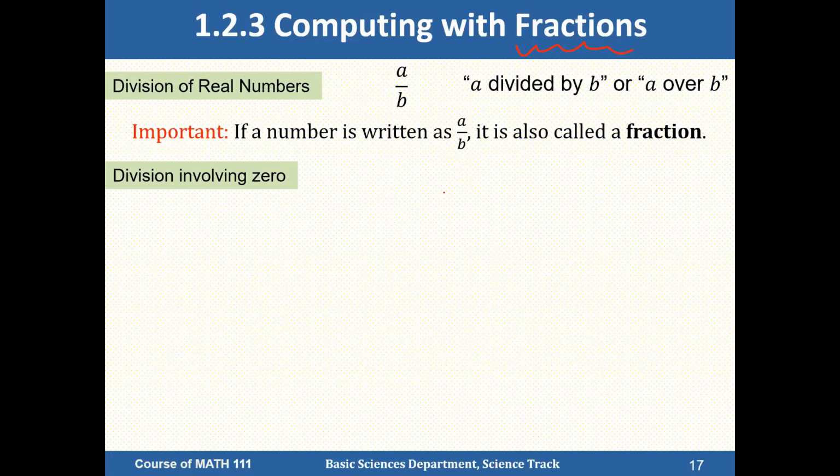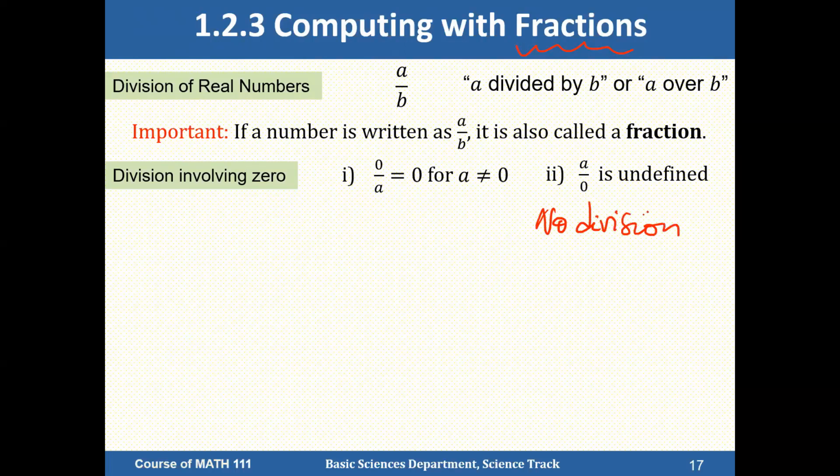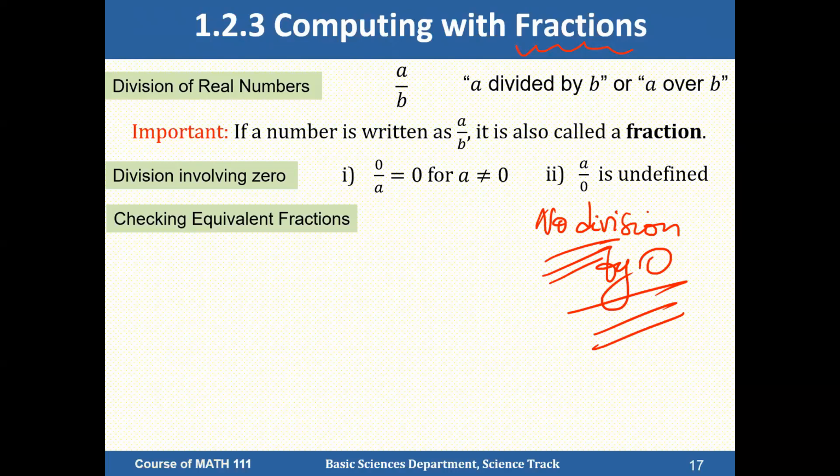Zero in division: when we have zero in the numerator, 0 over A is always 0. When we have 0 in the denominator, it is undefined. So be careful, no division by 0. It's forbidden to divide by 0. Don't forget this.